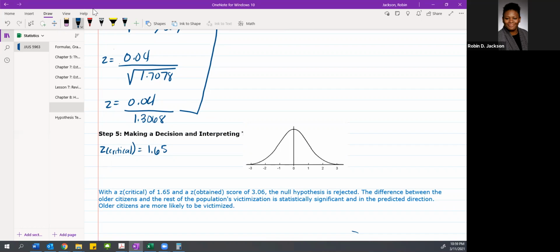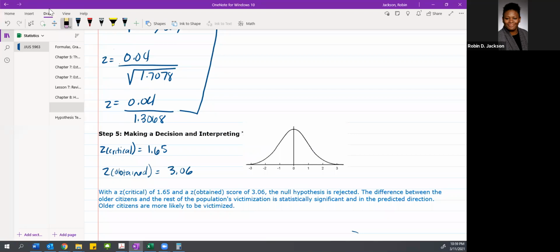The Z obtained is equal to that 3.06 number. Because it's one direction and we know we want everything to be higher, we come over to the right side of the table, where the numbers are positive, because remember, these are essentially Z scores.